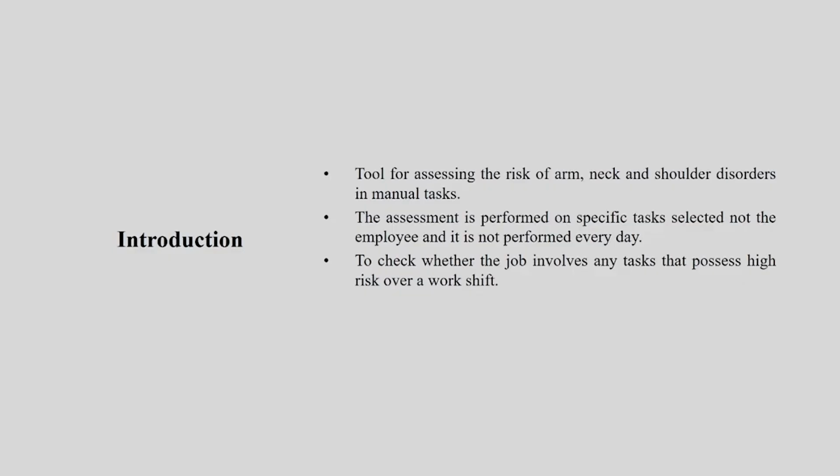This tool is for assessing the risk of the arm, neck and shoulder. Normally, due to the industrial revolution, most workers at different workplaces are sitting, maybe at a sit-stand workstation or a complete sitting workstation, but involved in a job where mostly the upper extremities and upper body are involved.